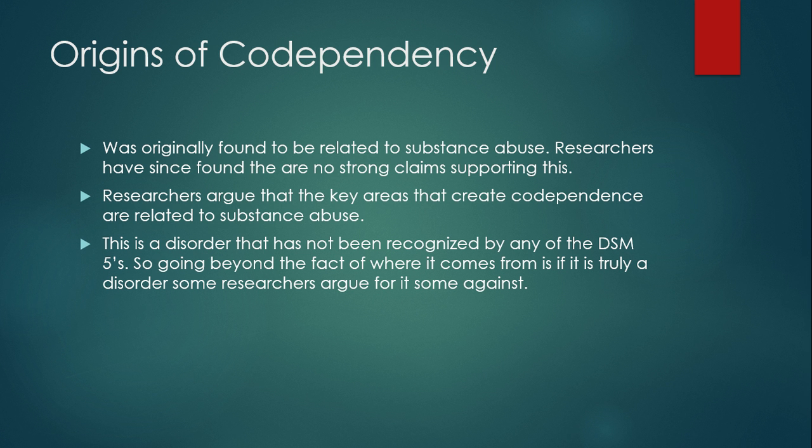It's not something that's in the DSM-5, so it's hard to teach in psychology, but many researchers have said it is a personality disorder because of how people are psychologically changed and affected by it.